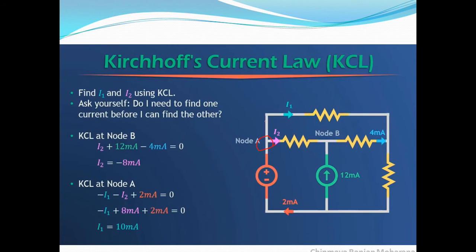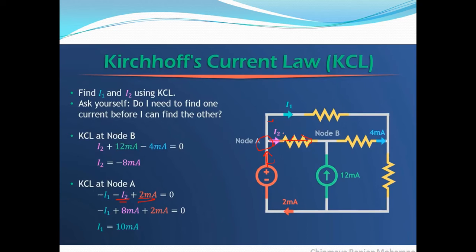Then if we consider node A by applying KCL, we similarly find three currents acting at node A. That is 2 milliampere going toward node A, which means it is positive. Here, going from node A, is I2. I2 will be negative.